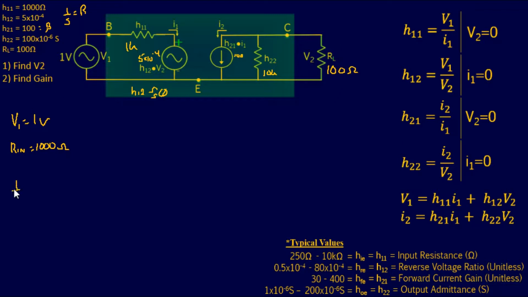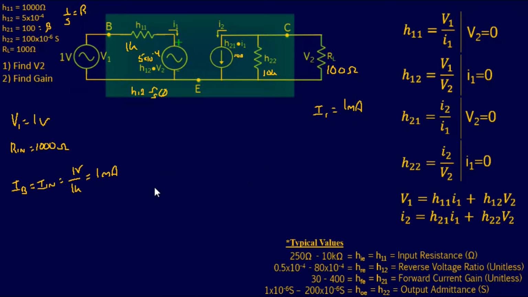To find my input current, it's going to be 1 over 1 kilo, which is going to give me 1 milliamp. So I was able to find I1, even acting like that reverse voltage ratio is not even there because it's so minute. So I'm going to write this to the side over here. We'll say I1 equals 1 milliamp.